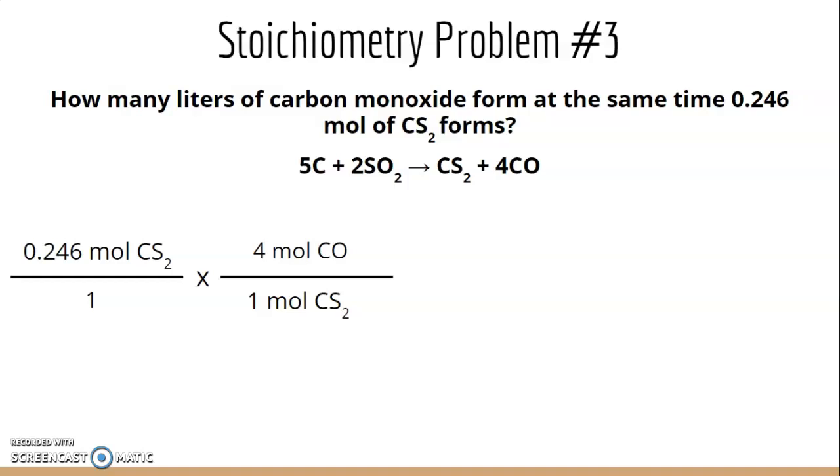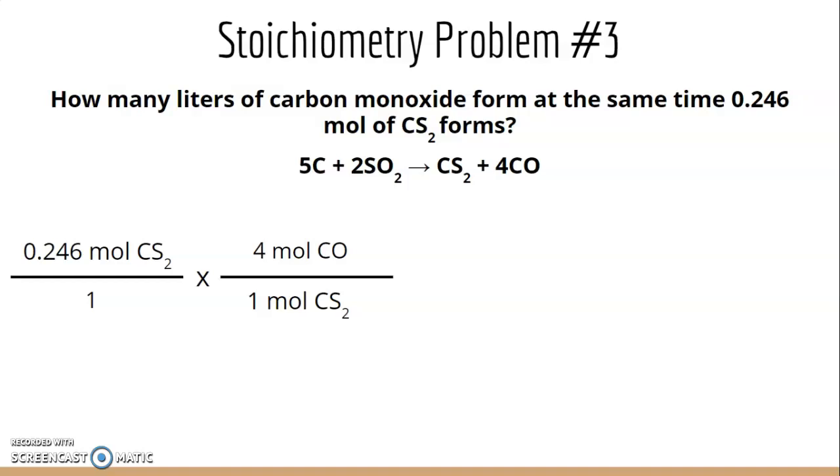So let's think about this. We are given moles of CS2, and we want liters of carbon monoxide. Well, we can't just automatically skip from moles of one value to moles of a totally different substance. We have to be able to convert from moles of CS2 to moles of carbon monoxide, and then finally be able to convert to liters of carbon monoxide.